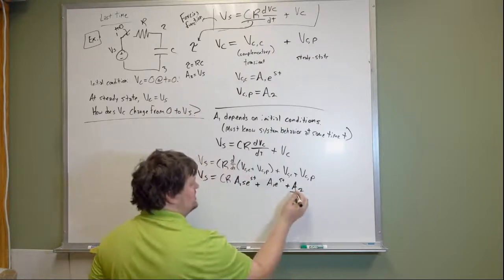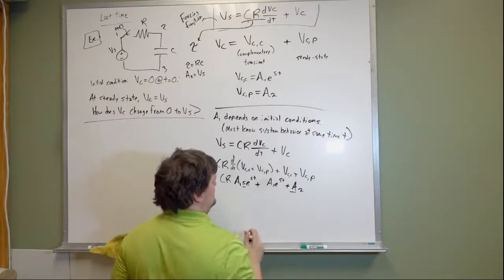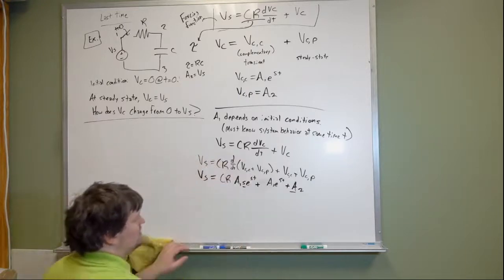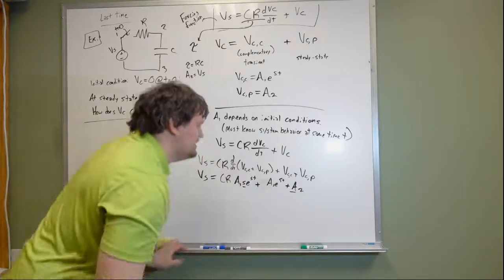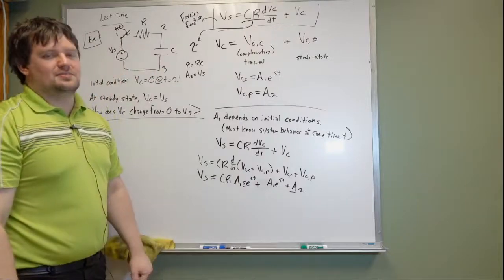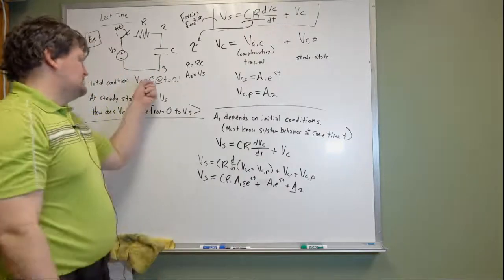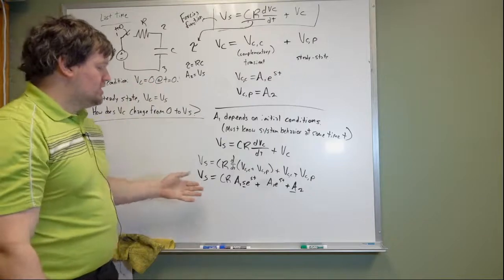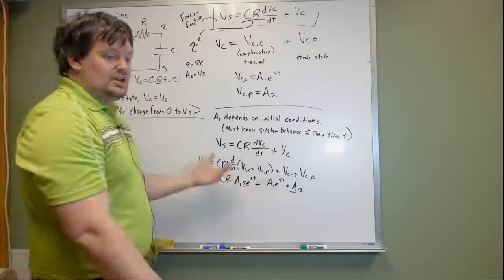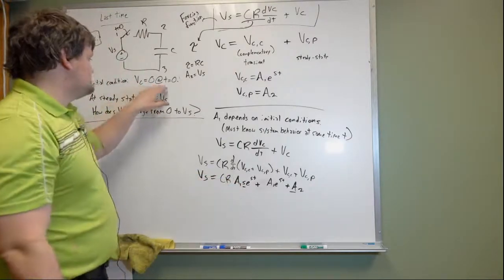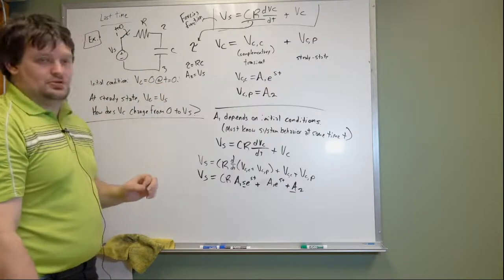Now we know what A2 is, we know what S is, that's great. But now we have this equation here, and we need to solve for it at some value of t. Here we have it at t equal to 0, because we know at t equal to 0, Vc is equal to 0.